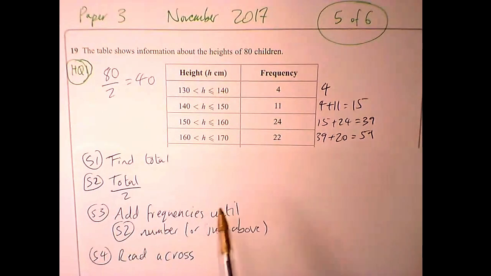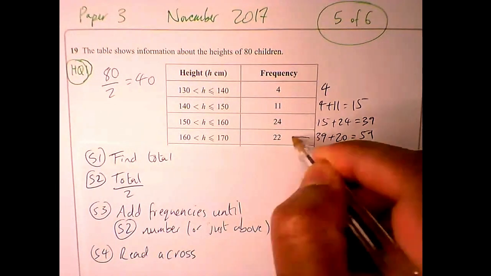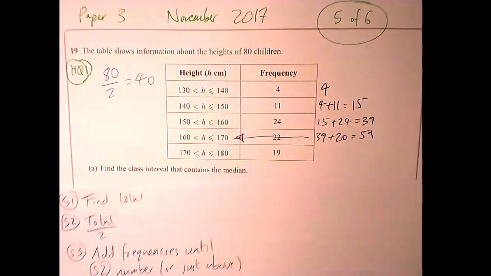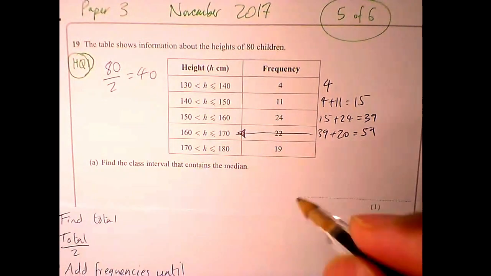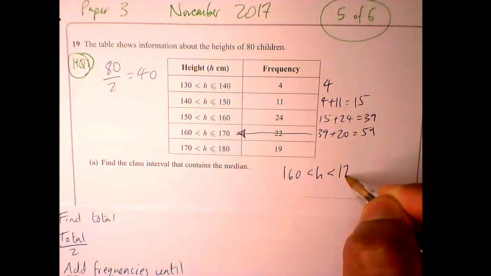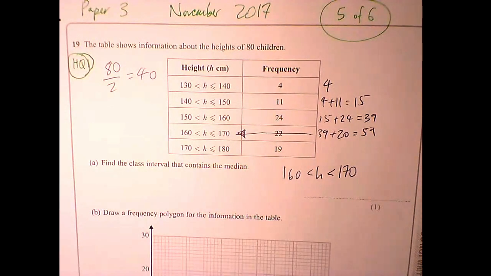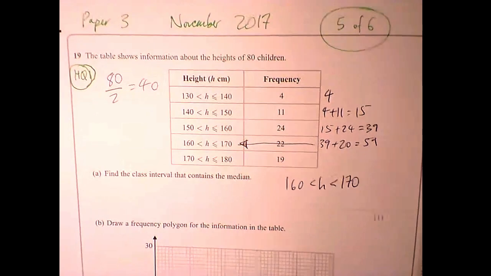So that is above 40. So now my step 4, I read across. And so my class interval is 160 to 170.